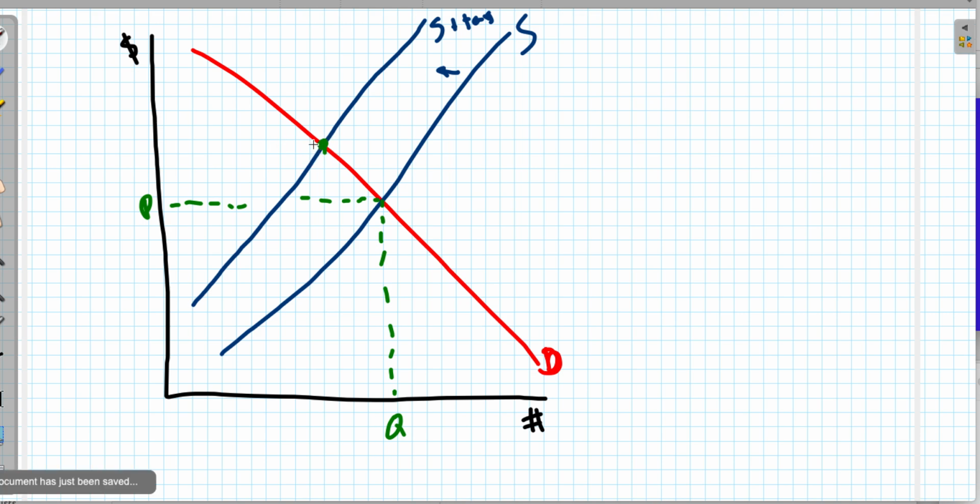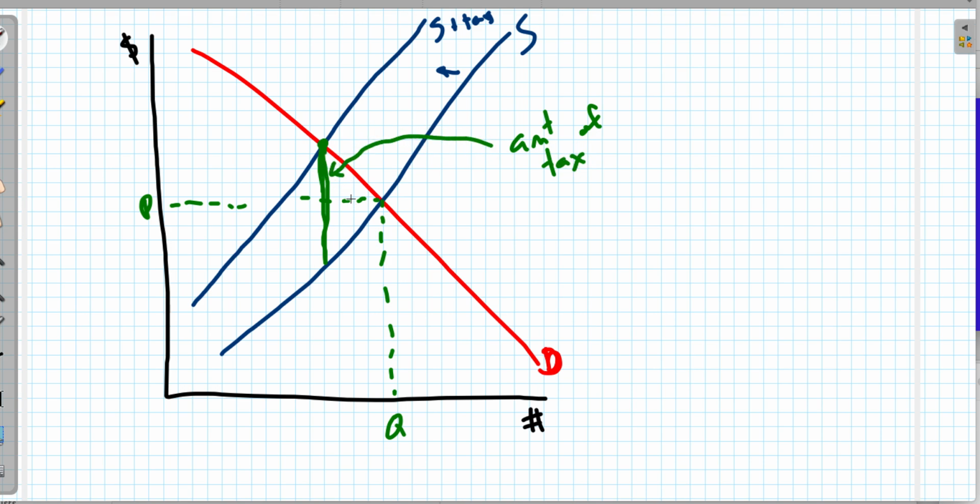So we have a new equilibrium. That's going to be our new price. But here's the amount that the government is going to take. This amount right here, the length of this green line, is the amount of tax. That's our per unit amount right there.